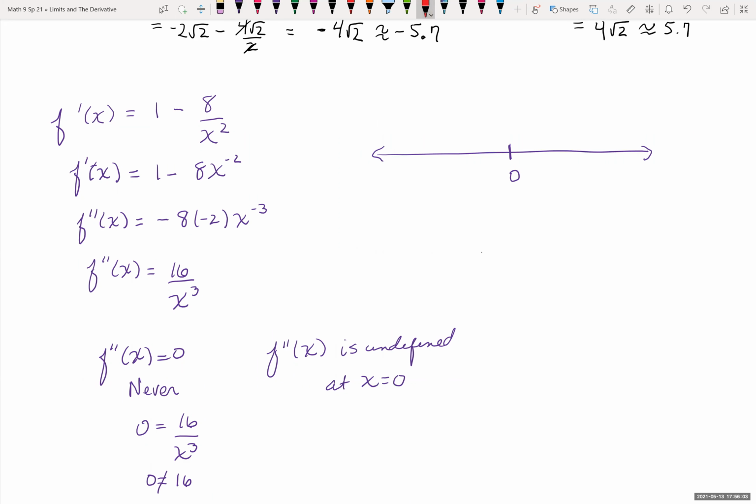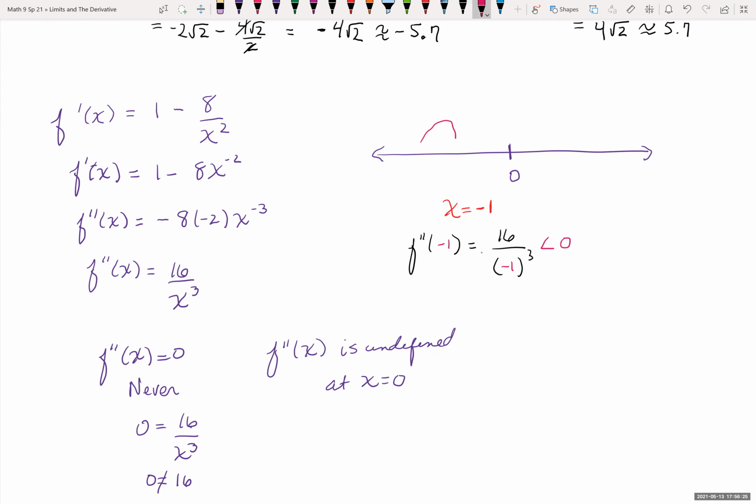If we chose something to the left, x equals negative 1, and plugged it into the second derivative, we get 16 all over negative 1 cubed, which is negative 16, and it's less than 0.